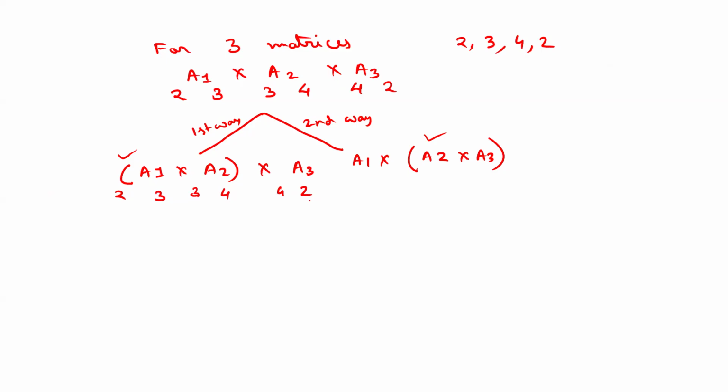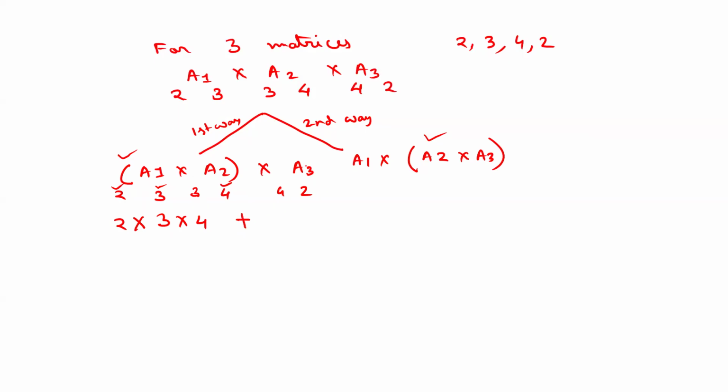First we calculate the cost of multiplication of A1 into A2. That is 2 cross 3 cross 4, where the 3 and 3 are the same, and then 4.